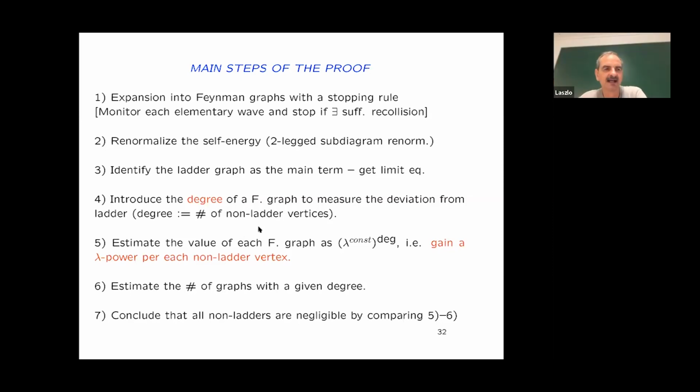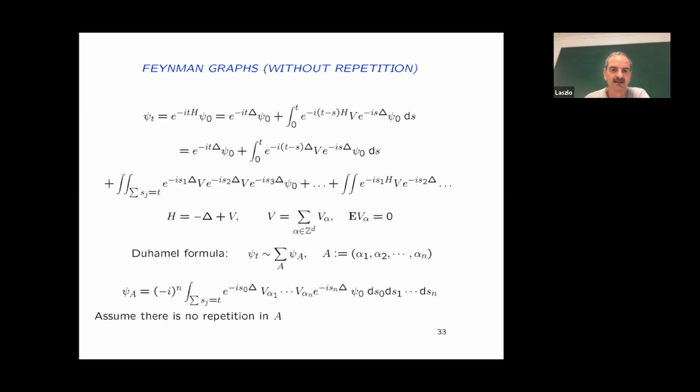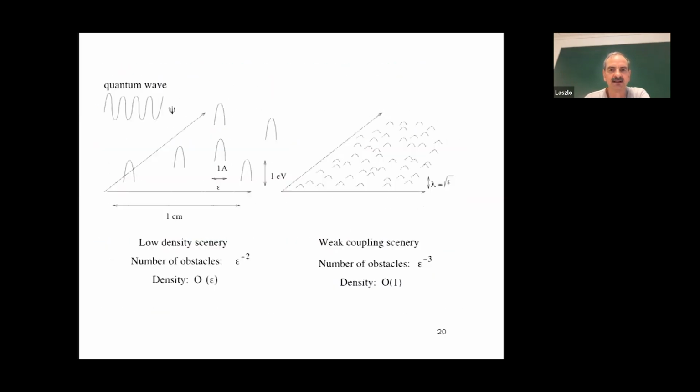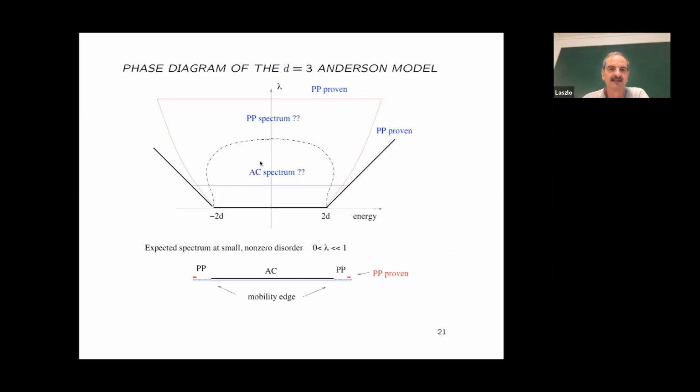Yes, but I said at the very beginning that this is not in the extended state regime. We are in 3 or higher dimensions, and lambda, the coupling constant, is small. Let me go back to this picture. This is the phase diagram in 3 dimensions, and we are somewhere here.